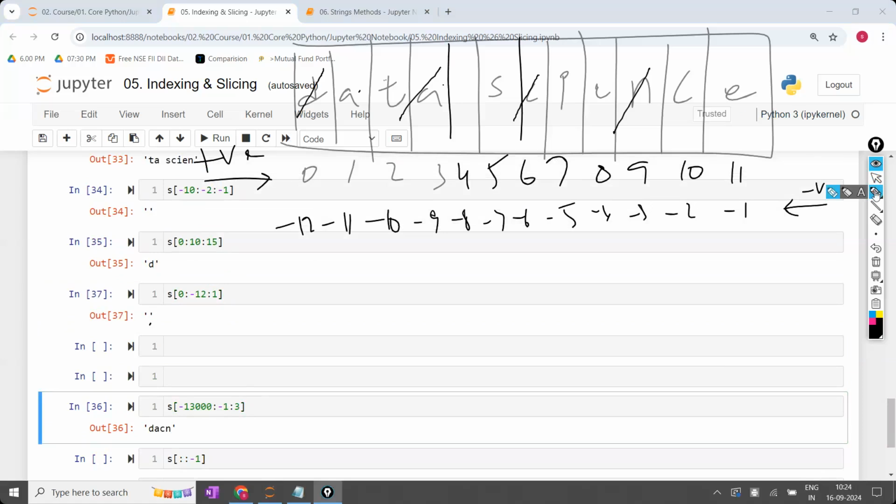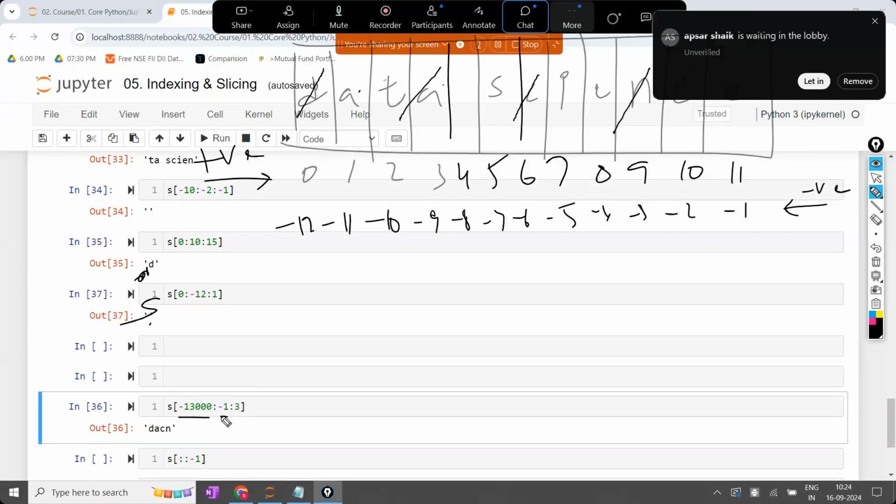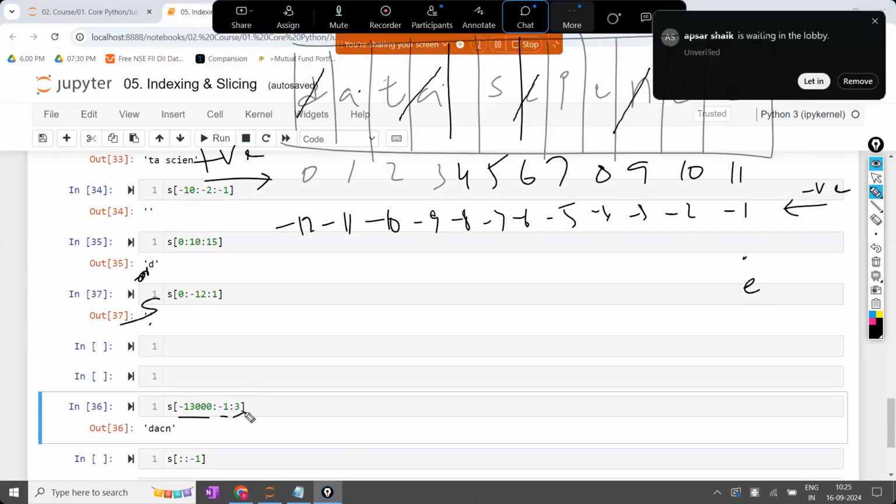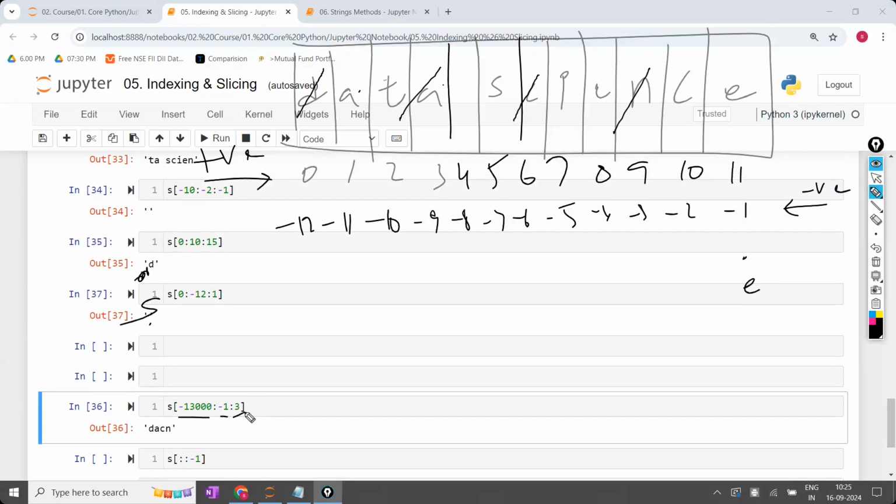Okay, coming to your question, Dinesh. Starting with minus 13,000. Minus 13,000 is somewhere here, because we don't know that minus. Next, the ending point is 1, with the increment of 3 steps. So in this direction, I want steps of 3.